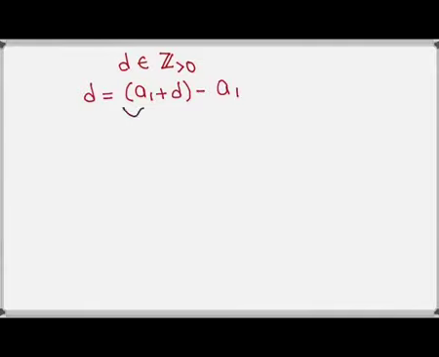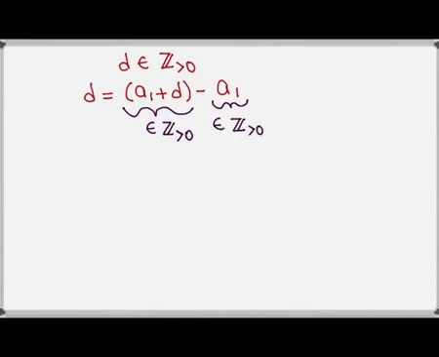Therefore, we can conclude that D is also a positive integer because D is nothing but A2 minus A1, and we know this is a positive integer.